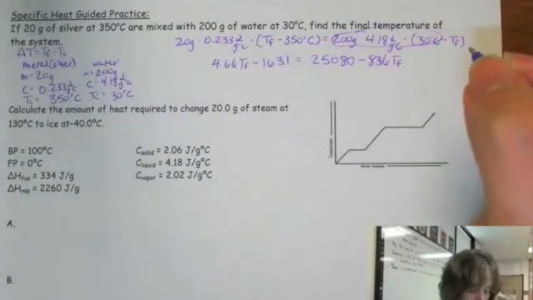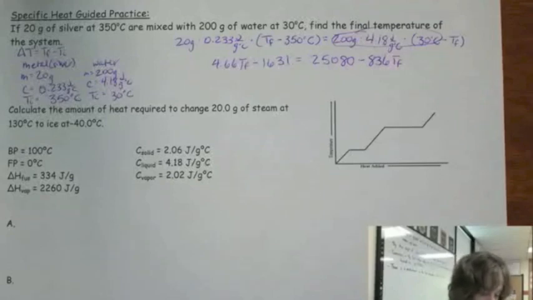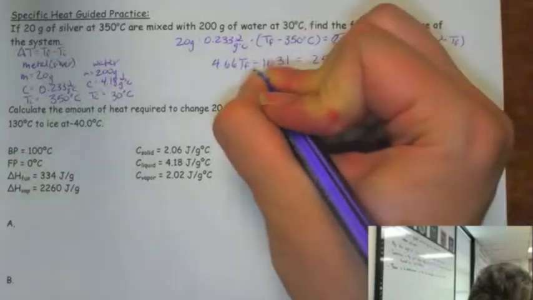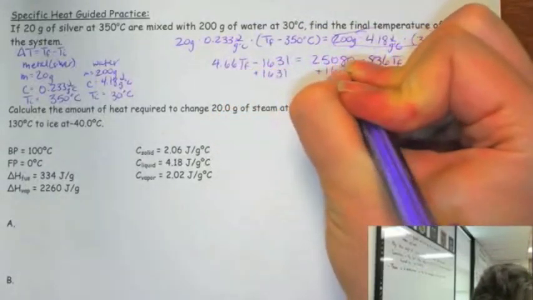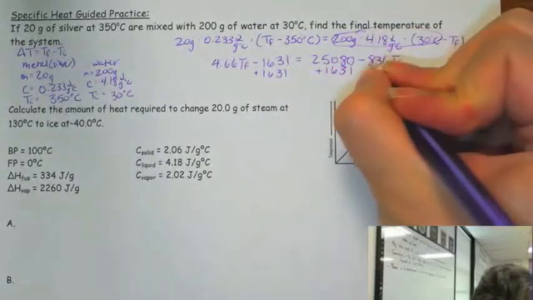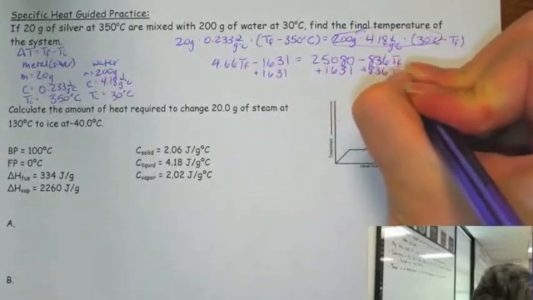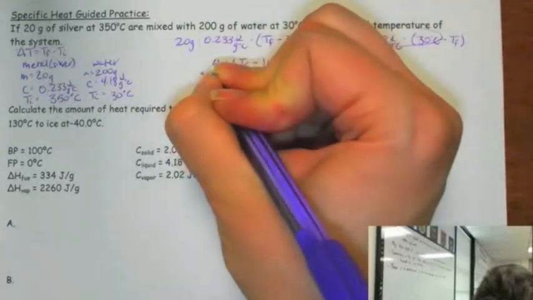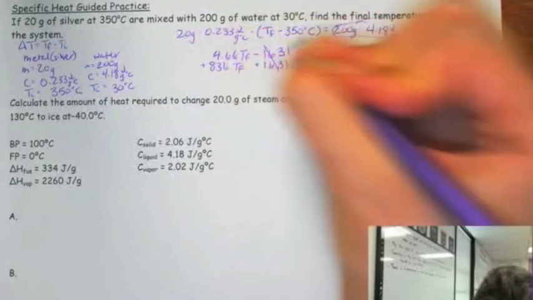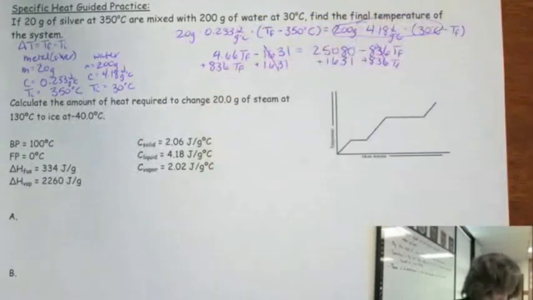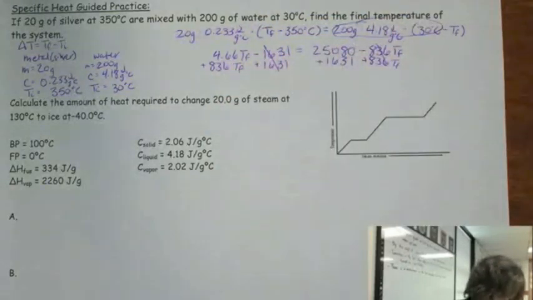All right, now we want to get TF by itself, which means we want to get all our TFs on one side and all our things that don't have TF on the other. So if we're currently subtracting, we're going to add 1631 to both sides to get rid of it. Okay, and we can also add our 836 TF to both sides to get rid of it. All right, so then those go away and those go away, which means we get 4.66 plus 836.